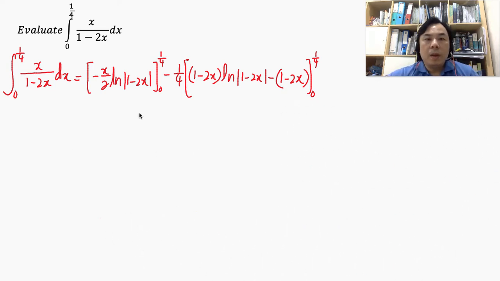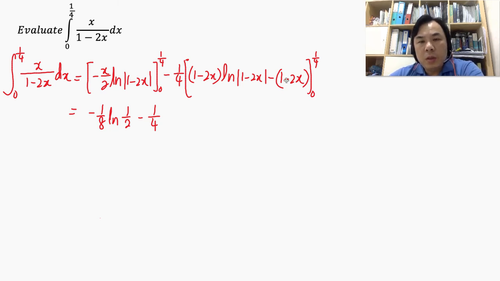Alright. Now we're going to try to substitute all this value in, and then hopefully we can get the same result. If you put in 0 here, definitely it's a 0. So I'm going to substitute my quarter first. So there will be 1 over 8. This one must be a half here. Then I'm going to proceed with the second one.